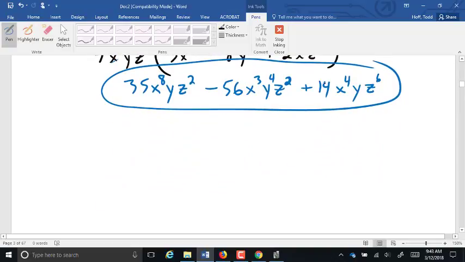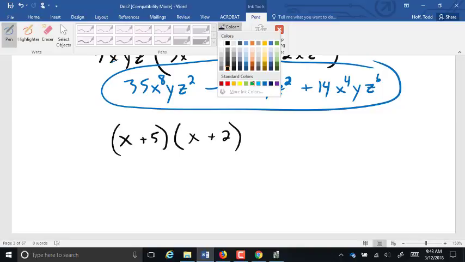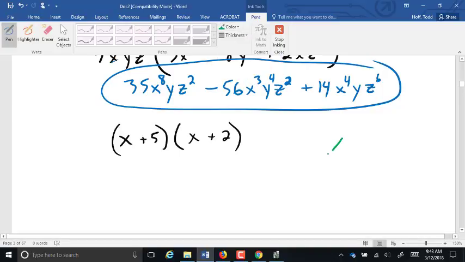Our next step was to look at things like this. X plus 5 times x plus 2. Now we said we could multiply these out just like any other number.